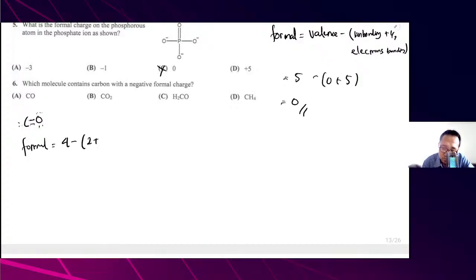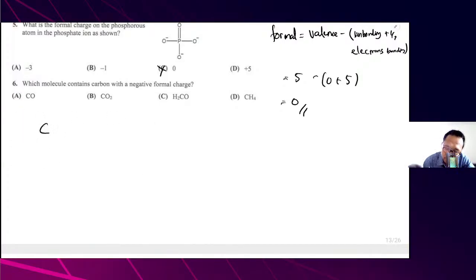Half the bonding electrons is 4 divided by 2, so it looks like 0, right? But let me think. I think I made a mistake over here.